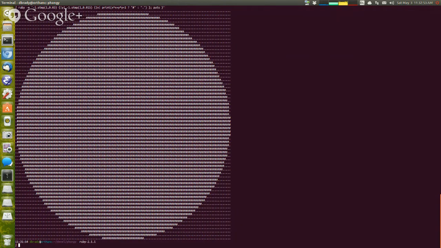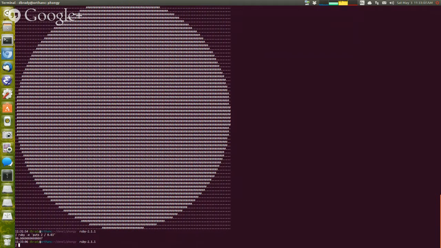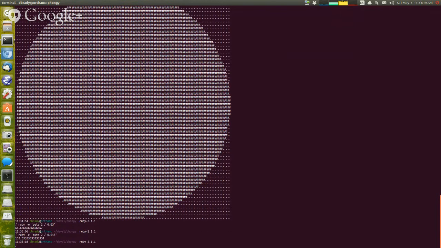Okay, so the short version is that we're stepping across a total of 2. If we divide that by 0.03, we have 66, 67 lines vertically to play with. But in order to make this thing circular, in the X dimension, we actually have to print out about 133 characters.